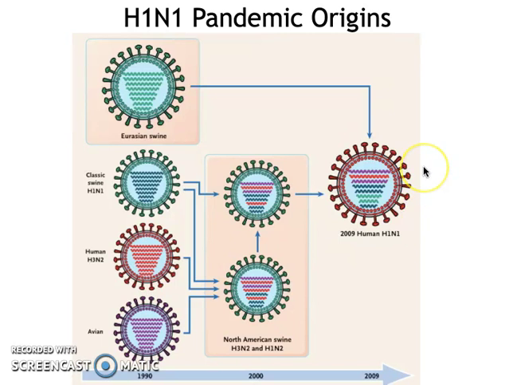This flu strain didn't just come from 3 different species, it also came from 3 different areas around the world. It was a result of different flu strains from North America, Asia, and Europe.